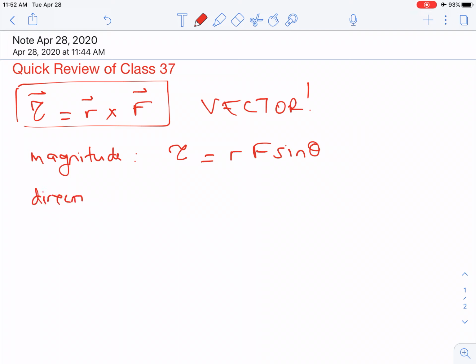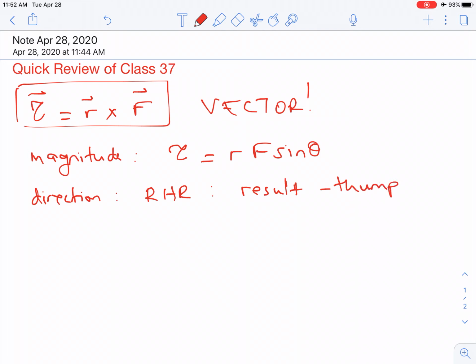Direction, since again it is a vector product, torque is a vector. Direction will come from the right-hand rule. RHR stands for right-hand rule. And specifically, this means the resultant vector, in this case it's torque, is your thumb when you apply the right-hand rule.